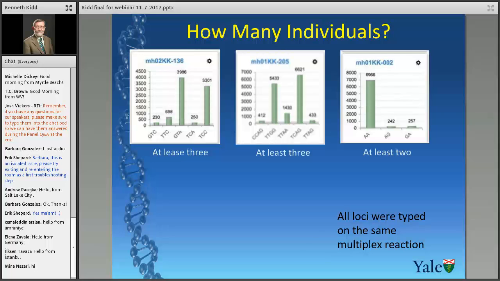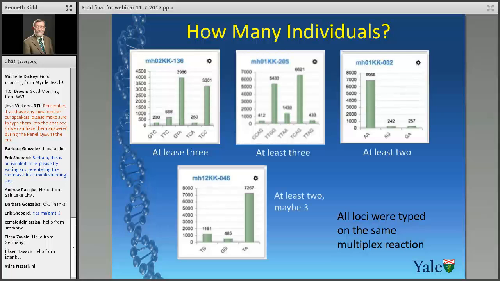And if we look at these, we can see that they are different and different numbers of individuals. Here, there are at least 2, but the unequal number of reads for TG and GG suggests maybe a third.